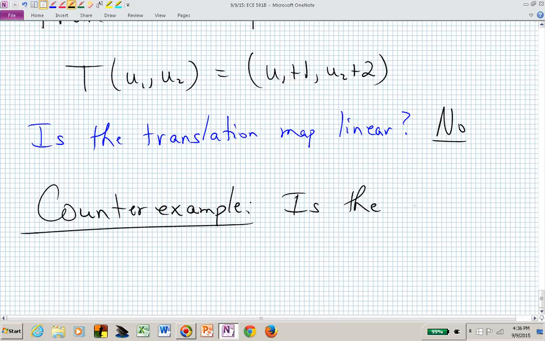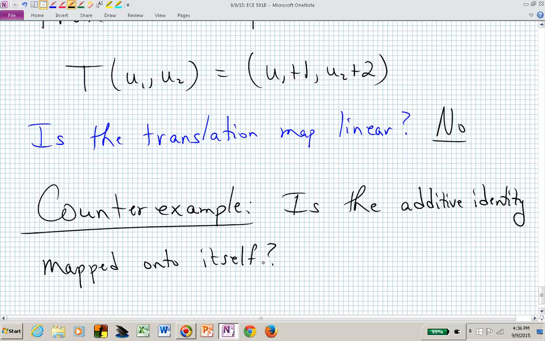Is the additive identity mapped onto itself? In this case, since we're in R2, this additive identity is actually the zero vector.